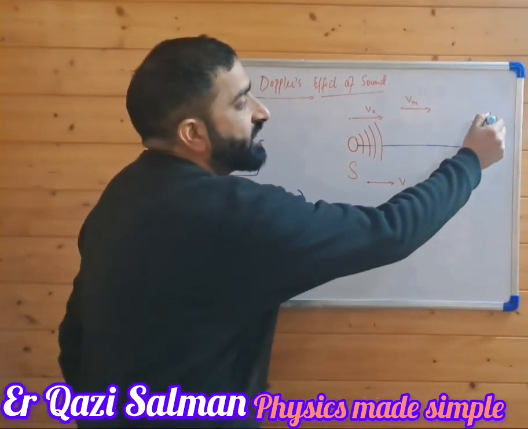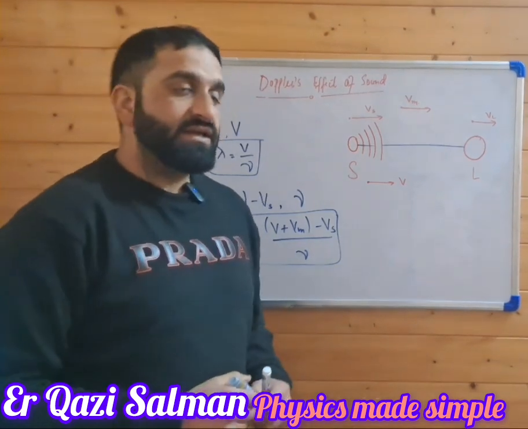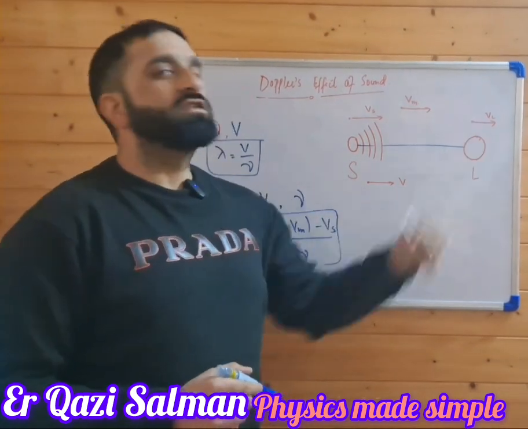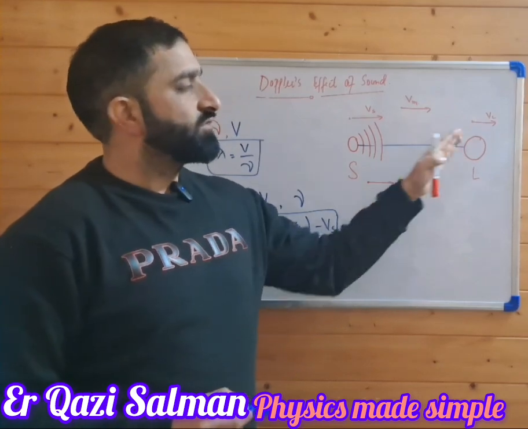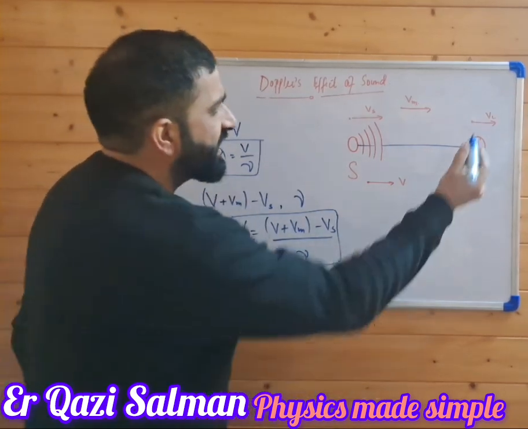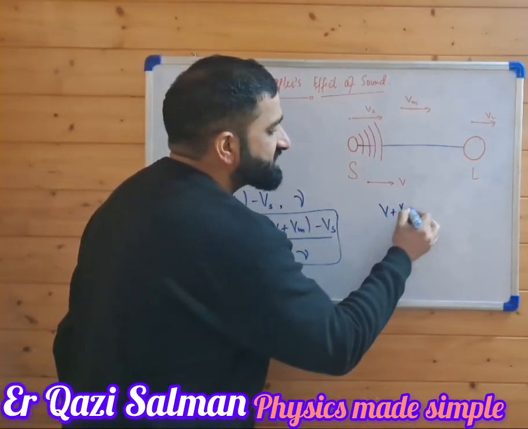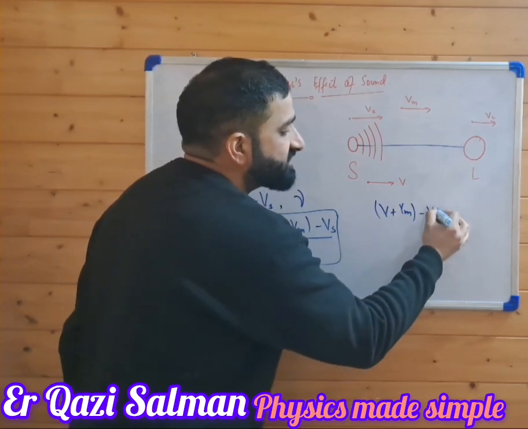Now, as the listener is moving in the same direction with velocity vl, what is the relative velocity of the sound with respect to the listener? That is v plus vm minus vl.